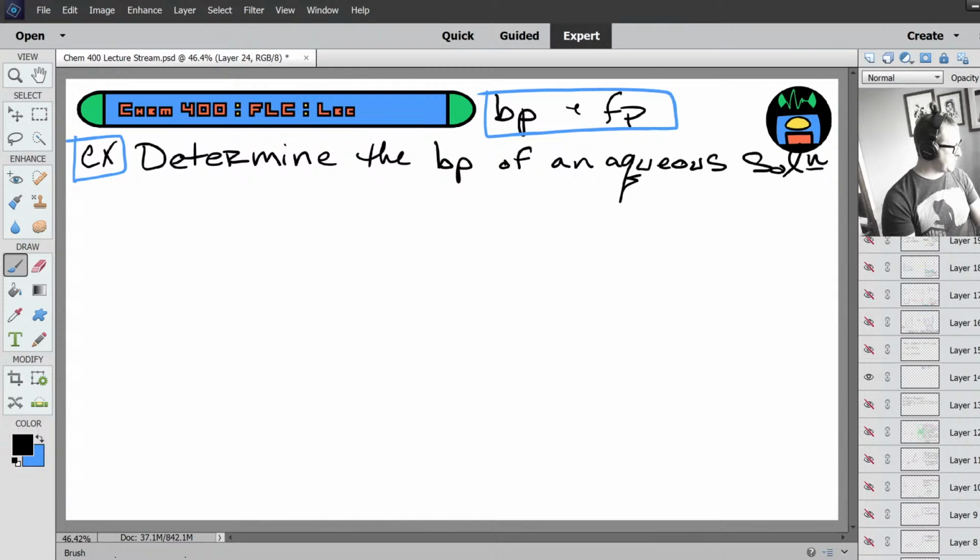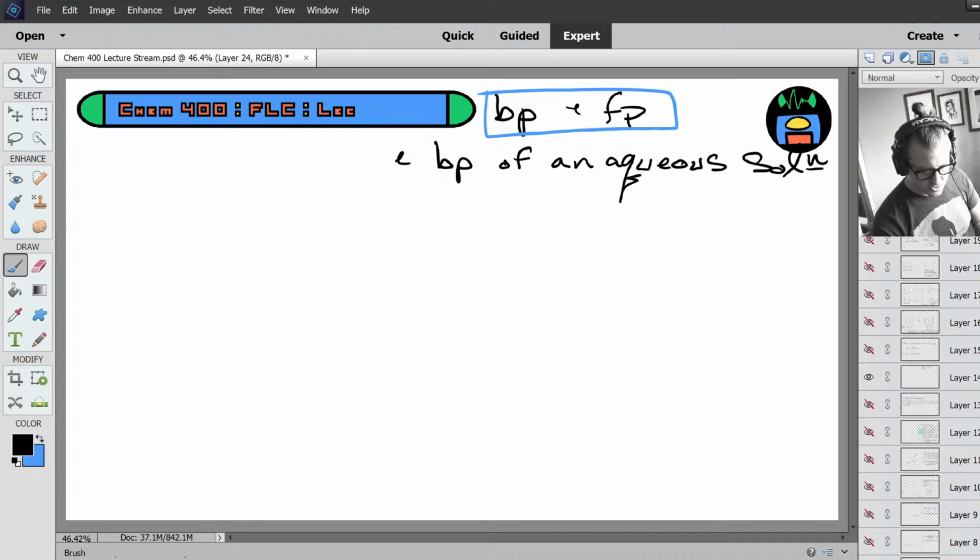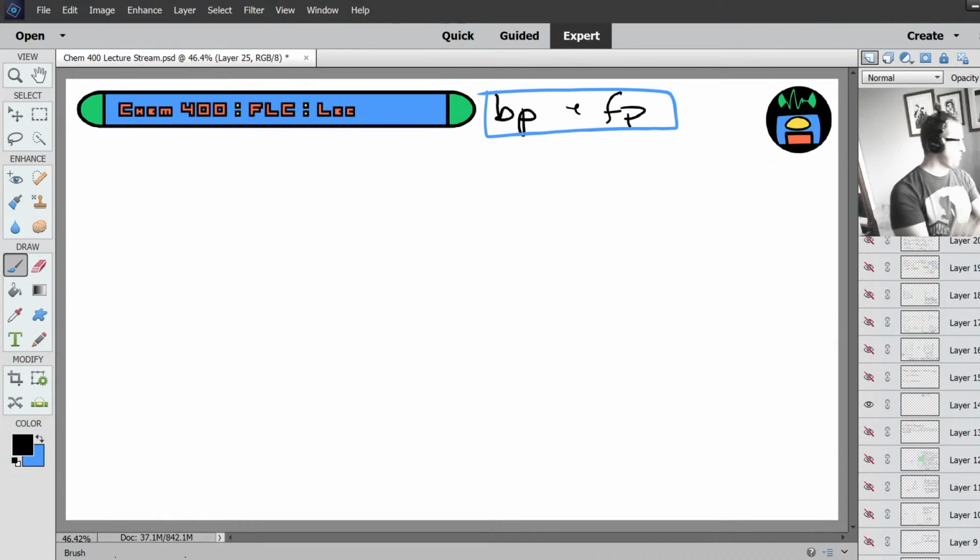Determine the boiling point of an aqueous solution. Oh wait, hang on. We will do this problem. I don't want to start with this problem though. We'll do it. Just give me a second.